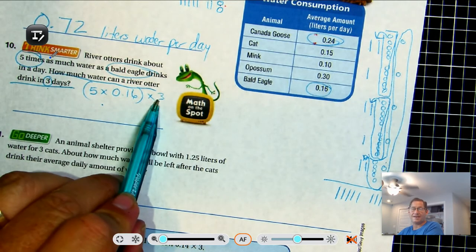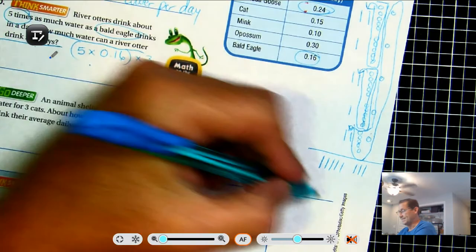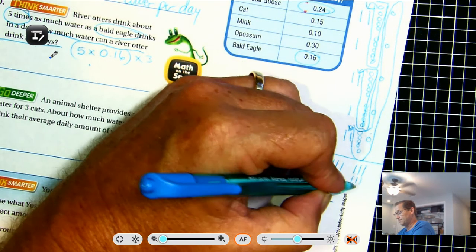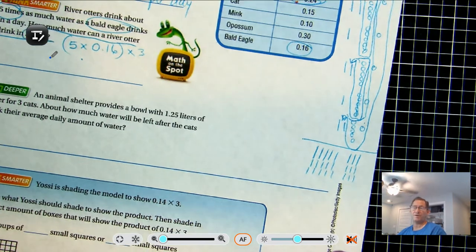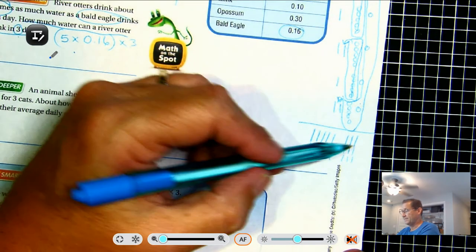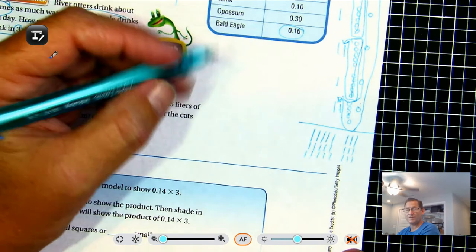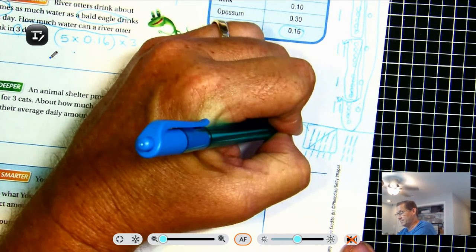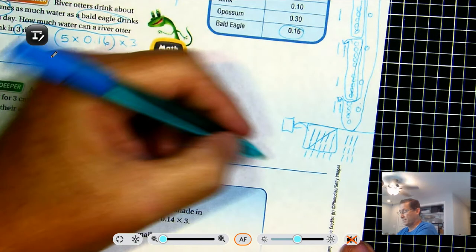8 tenths every day. So take 3 sets of 8 tenths. How many tenths are there? 5, 10, 15, 18, 21, 24 tenths. Well, I know I can trade 10 tenths for 1 whole.